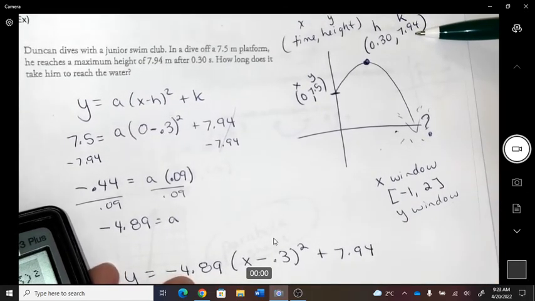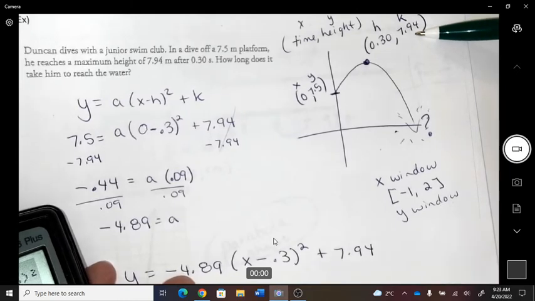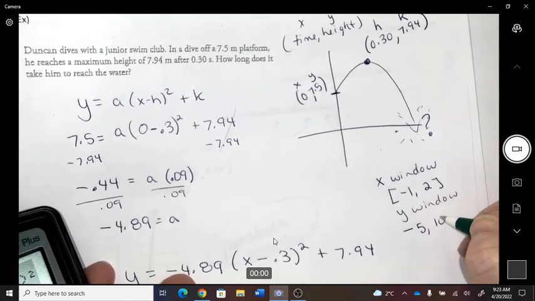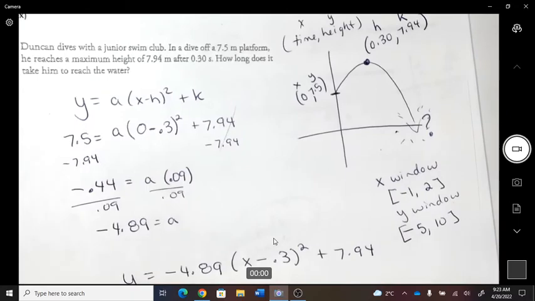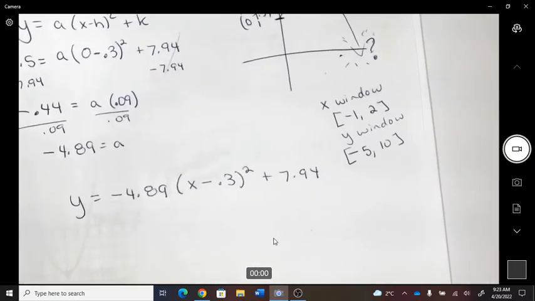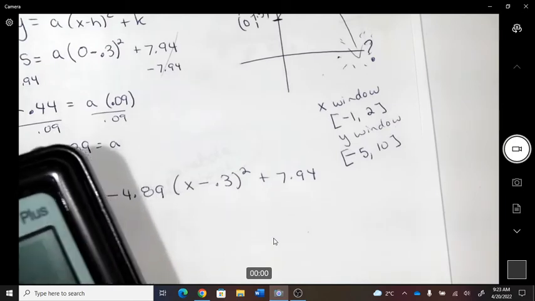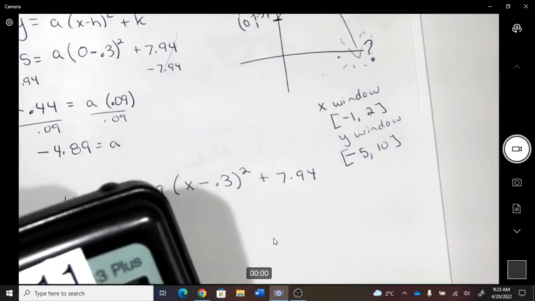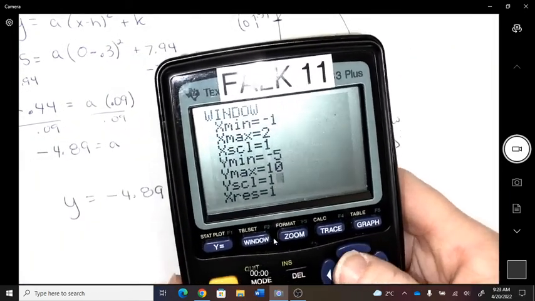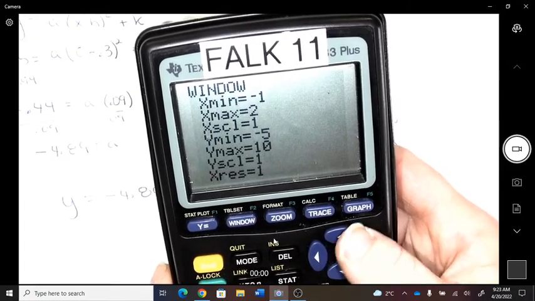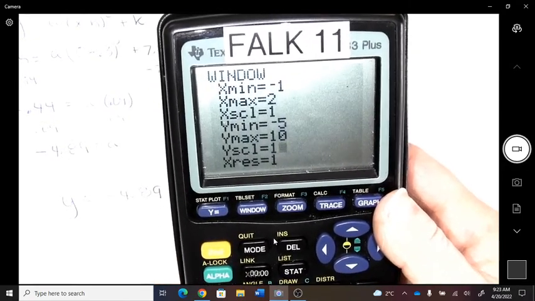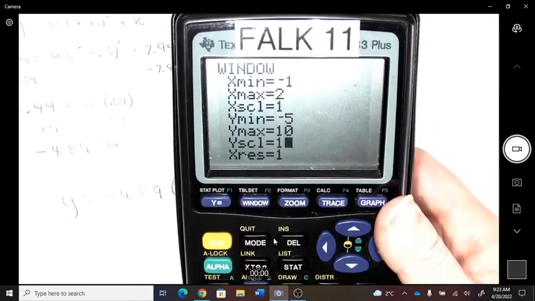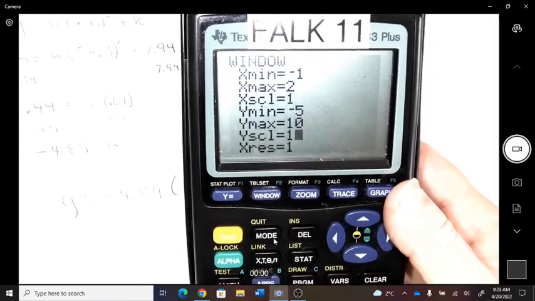This is the highest height, basically like 8-ish. So should we go -5 to 10? Is that okay on the heights? Does that make sense? So window, I'm going to change all those things. See what happens here. We can adjust it after, right? Don't need much time, -1 to 2. And the highest it looked like the jumper went was 8-ish.